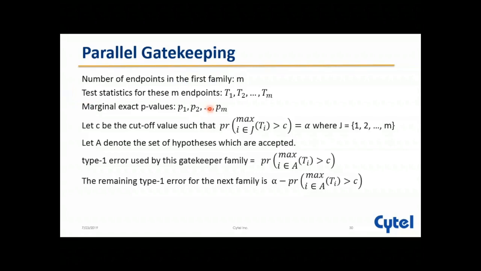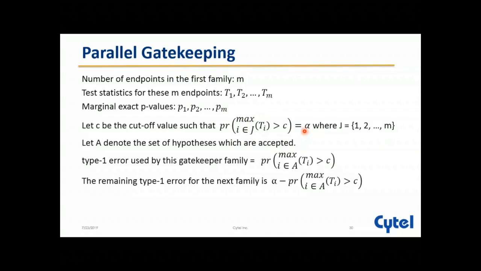So instead of considering each test statistic, we'll compute max of each combination of test statistics, and we'll see the cutoff value where we get probability equal to alpha. So we'll compute the cutoff C by considering the probability of observing max Ti greater than C equal to alpha.